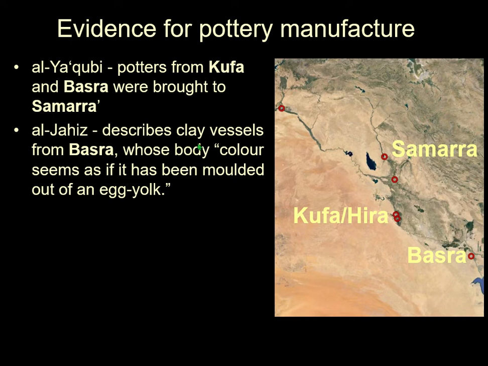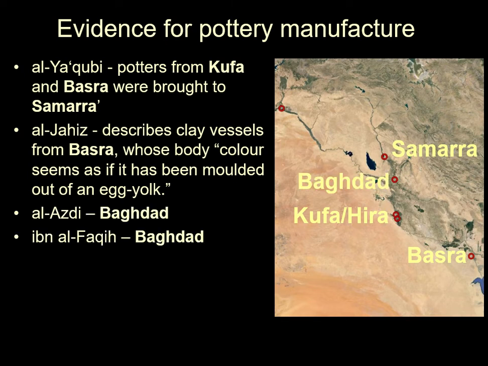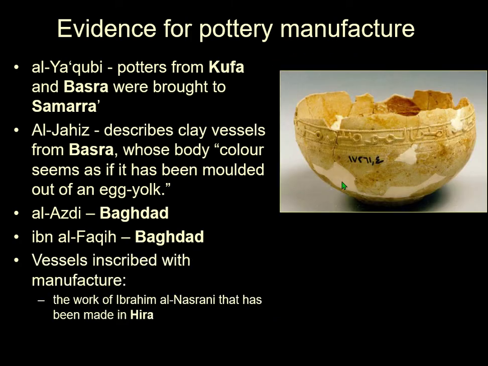And so he's saying the Basra paste is very distinct from the other fabrics seen in his part of the world, which is very interesting and also very true. These guys were in the 8th century, 9th century. These are slightly later, and they talk about Baghdad, that Baghdad made pottery, which is reasonable.